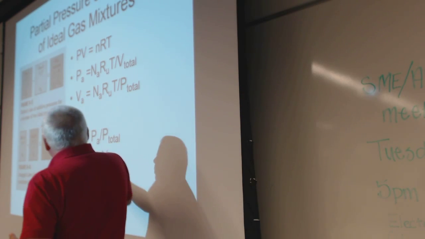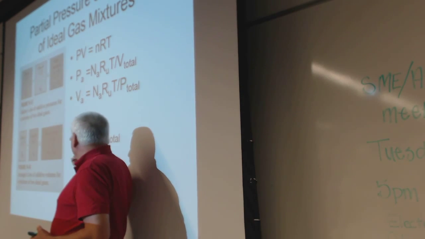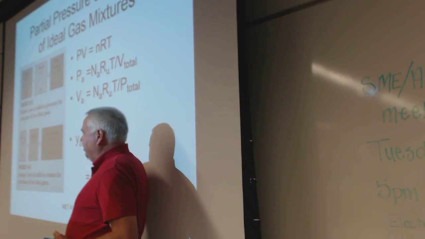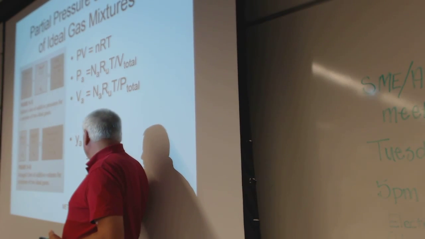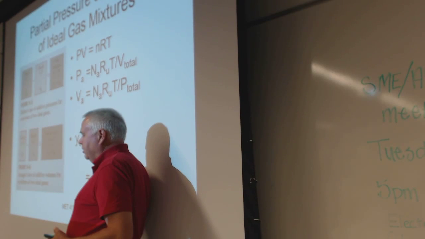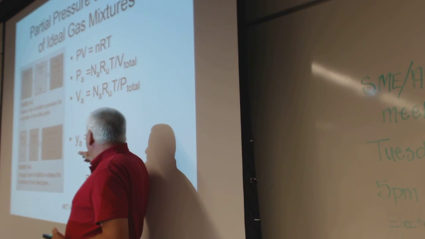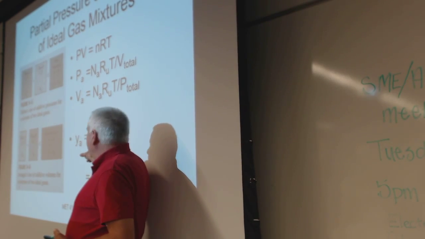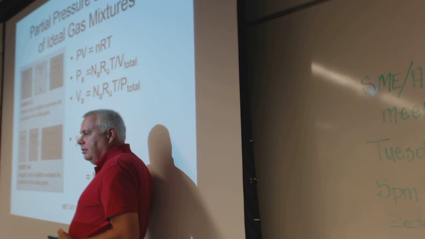And the mole fraction is also the pressure fraction and the volume fraction. Which also means if you can figure out the pressure fraction, that will tell you the mole fraction.